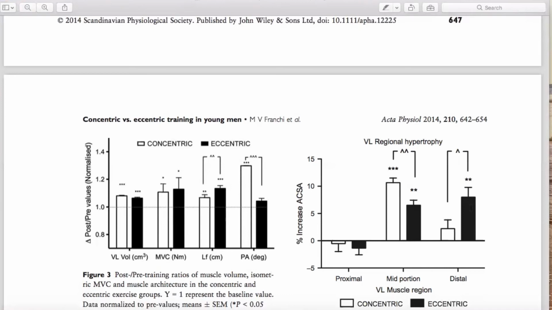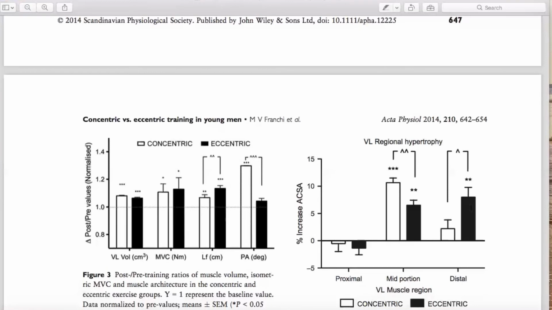I need to mention that one limitation of this study is that we have a snapshot of ultrasound just in the middle of the vastus lateralis. Although we used a 10 centimeter probe, a rather long probe, so we could track at least 10 centimeters of fascicles of the vastus lateralis.